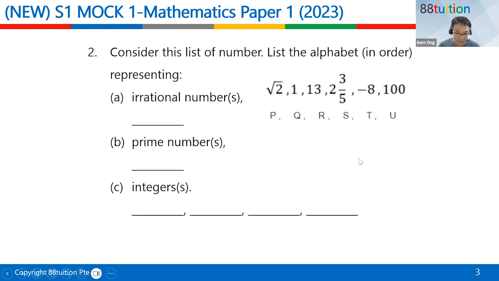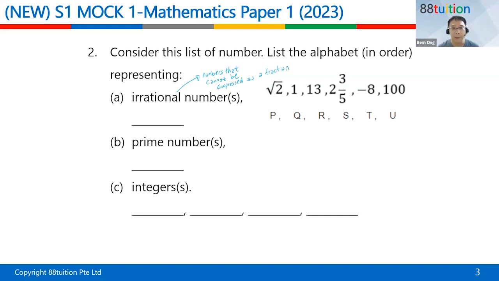Question 2. Consider this list of numbers. List the alphabet in order representing irrational numbers. What's the meaning of irrational? Irrational numbers are numbers that cannot be expressed as a fraction.